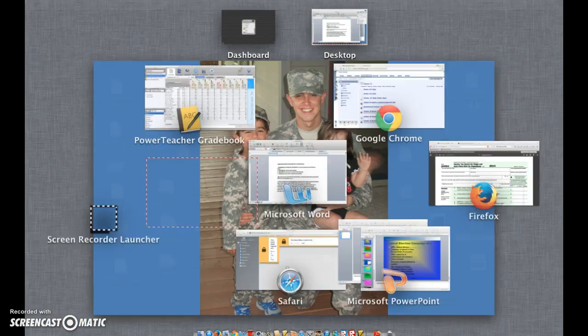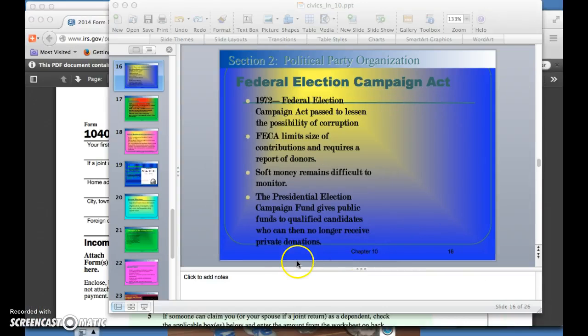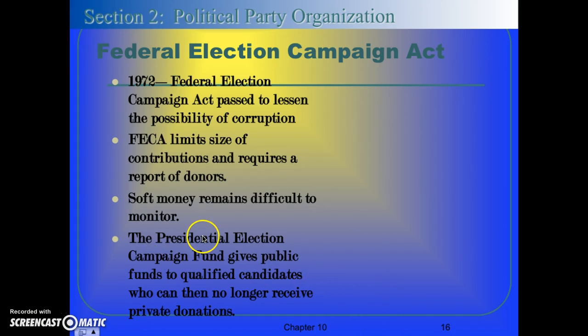Once a candidate does that, you are now going to have access to all of this money, and that's going to be a big deal. So the Presidential Election Campaign Fund gives public funds to qualified candidates who can then no longer receive private donations.